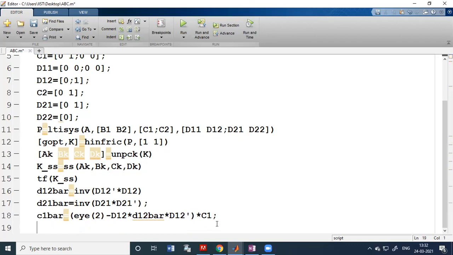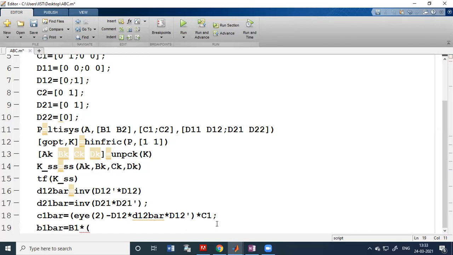Then what do I have to define after C1 bar? B1 bar, right? What is B1 bar? B1 into I. What should be the size of I here? Again 2, identity matrix of 2.